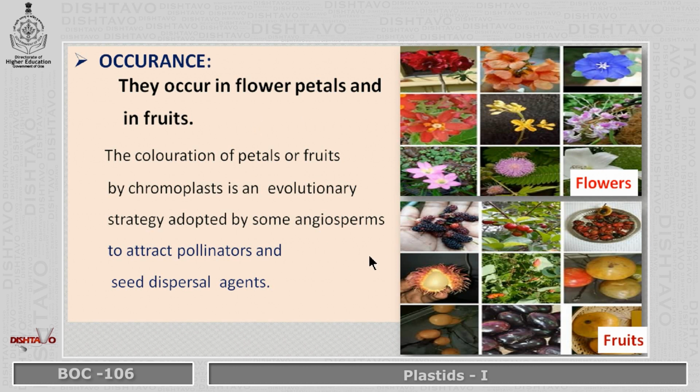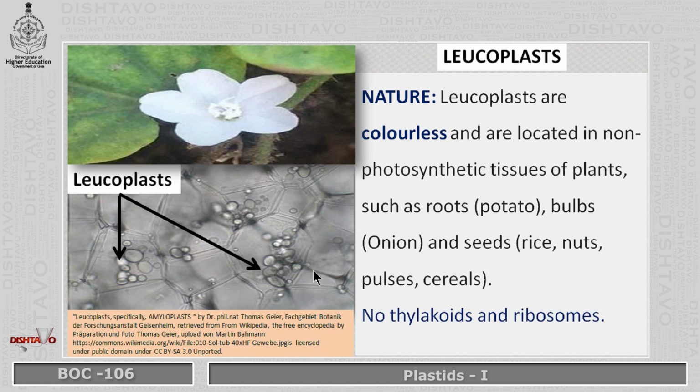They occur in different petals and different fruits. You'll see they're colored because of chromoplasts, and this helps them attract pollinators and agents for seed dispersal. Then we have the leucoplasts, which are colorless and located in non-photosynthetic parts of plants, such as roots, like sweet potato, and the underground stem, that is the potato.